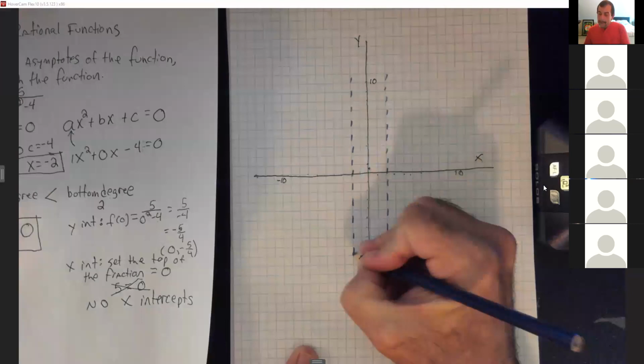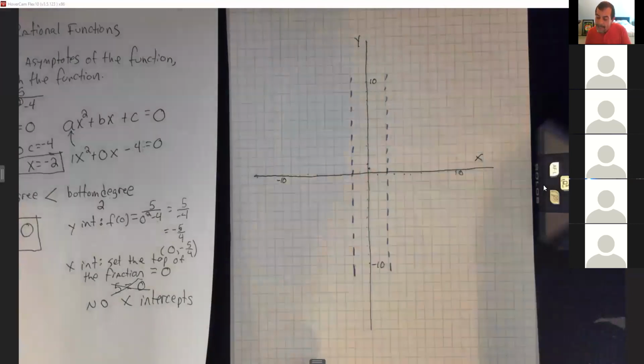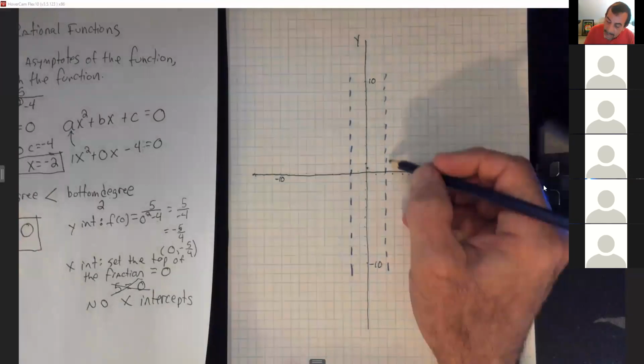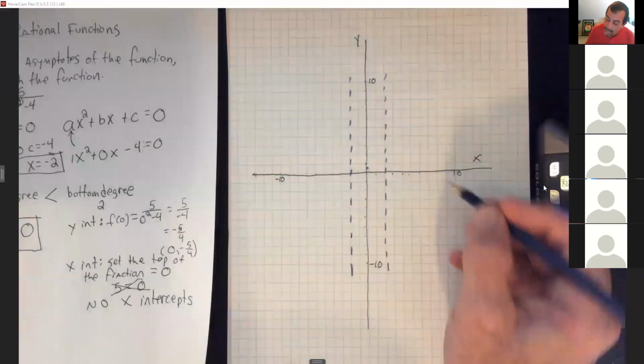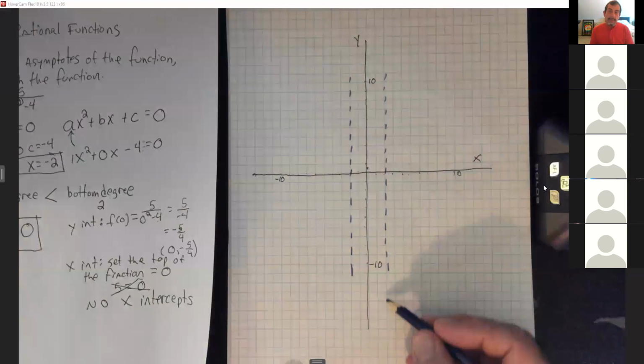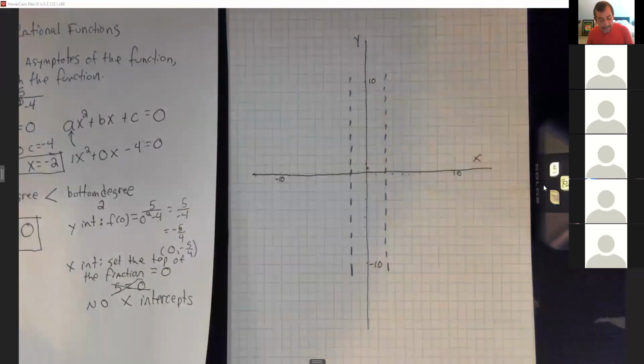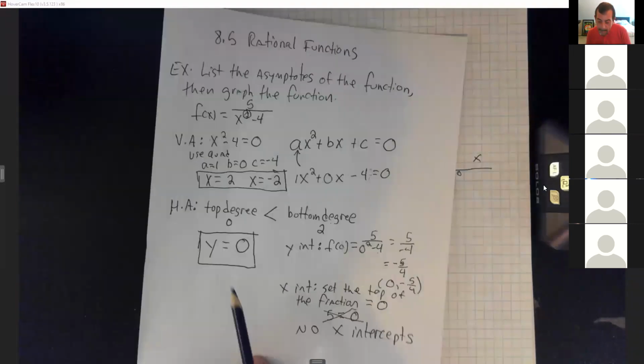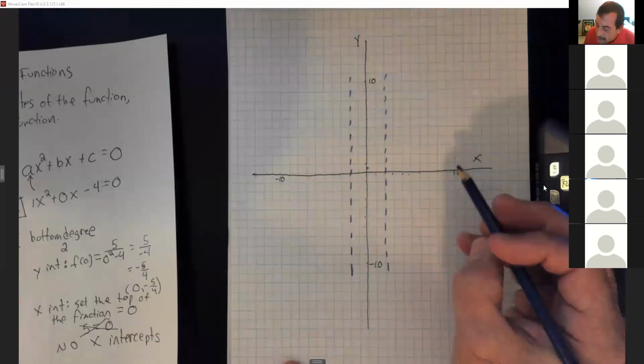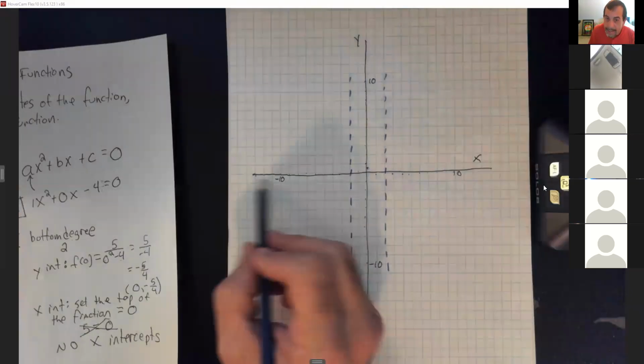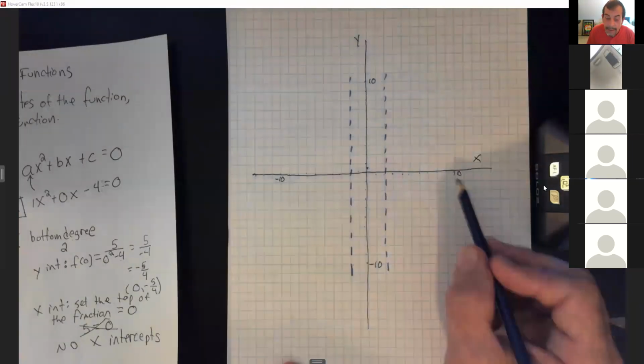So the graph cannot cross over these lines. It'll try to get up to it, but it's just going to keep going one way or the other along these lines. It cannot cross over it. All right. The horizontal asymptote that we found is y equals 0. That just tells us what's going to happen once the graph gets way out on these x's in the negative direction and the positive direction. So I'm not going to worry about that yet.